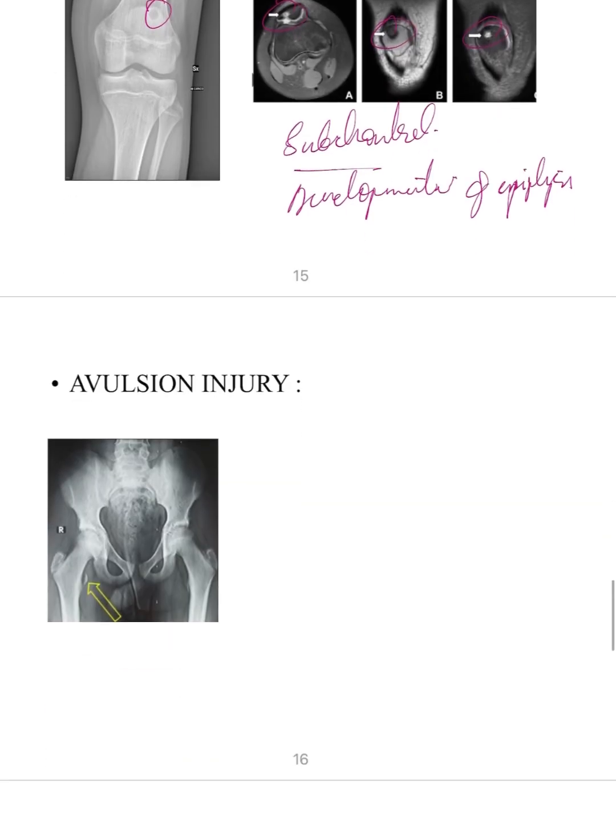Then there is one more important thing, which is avulsion injury, as seen here. Avulsion injury is common at multiple sites including the head of humerus or any site where there is attachment of tendons. Clear history will be there.